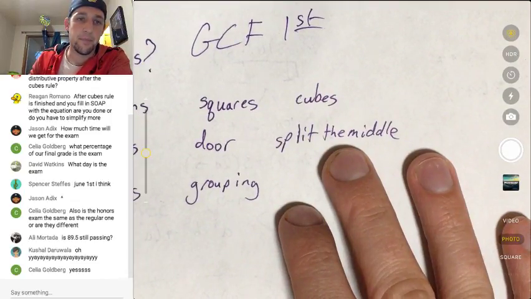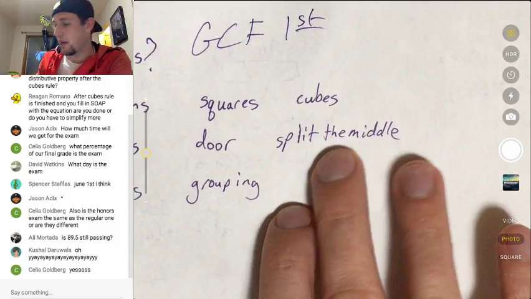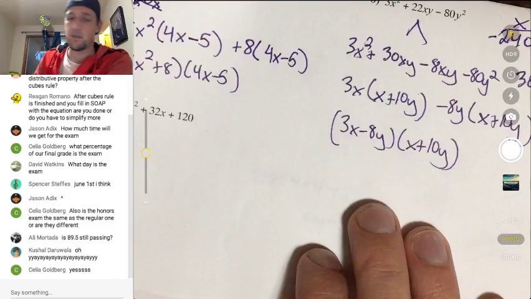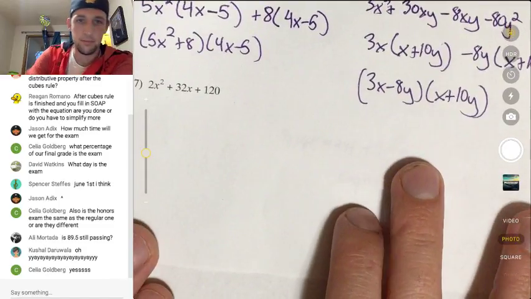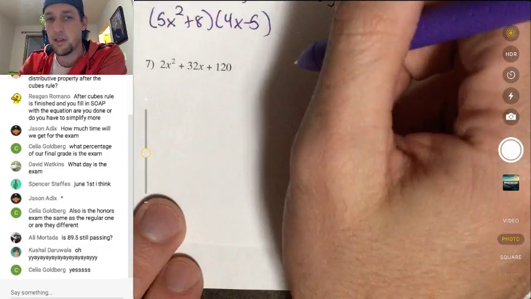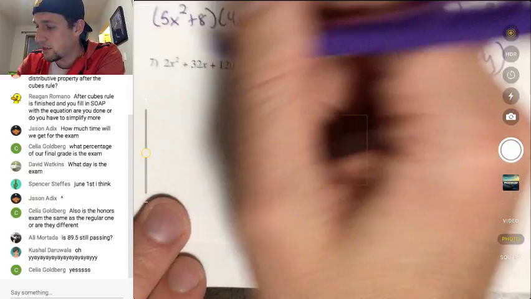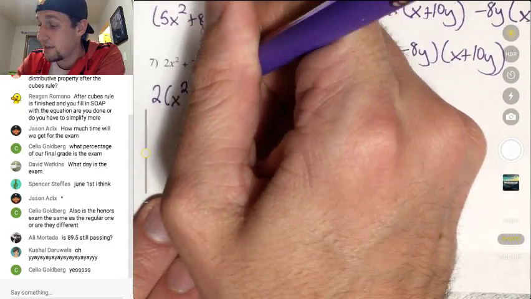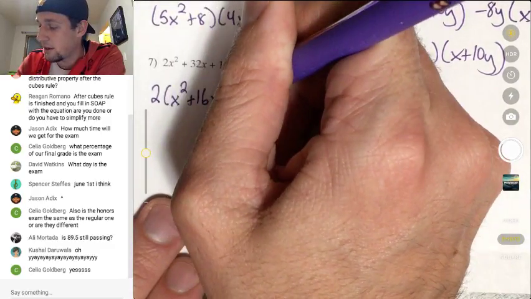This one does have a GCF of 2. So I'm going to take out my GCF of 2 first, because if you don't, it just makes the problem a lot harder, and you still have to get that GCF out before the end of the problem.